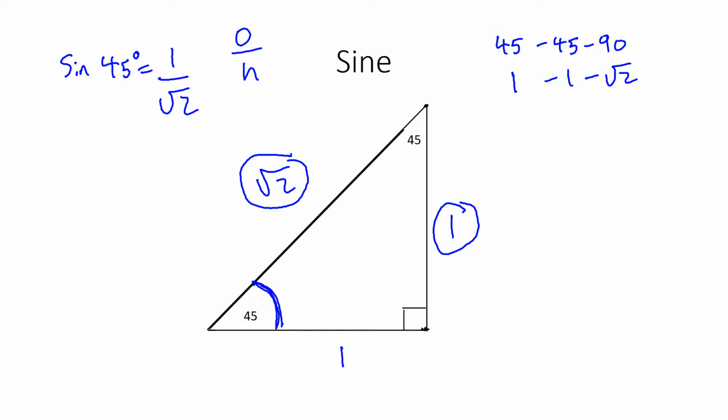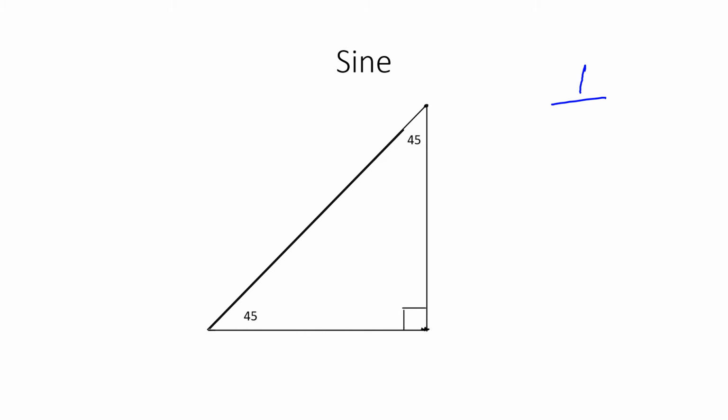We should note, though, that this is not how it's normally written. Normally what happens is we don't want a square root in the denominator, so we do what's called rationalizing. So if we have 1 over square root of 2, we're going to multiply by square root of 2 over square root of 2, basically 1, what we already have.